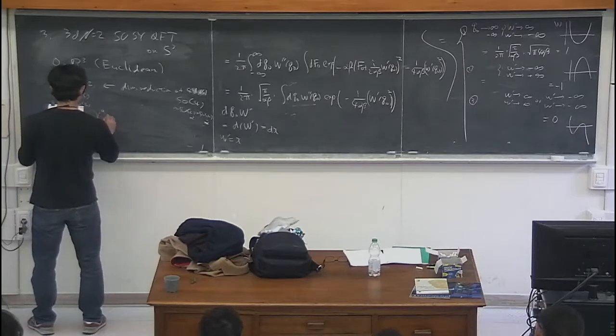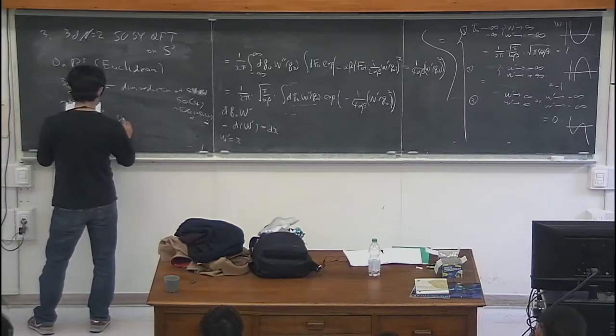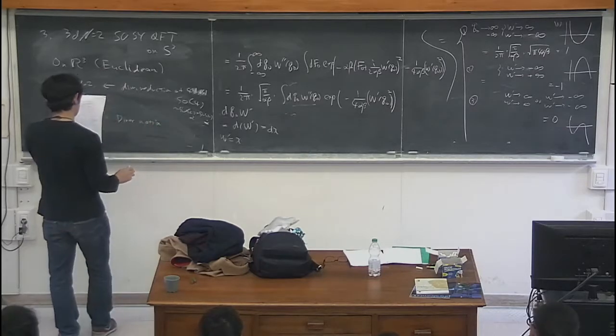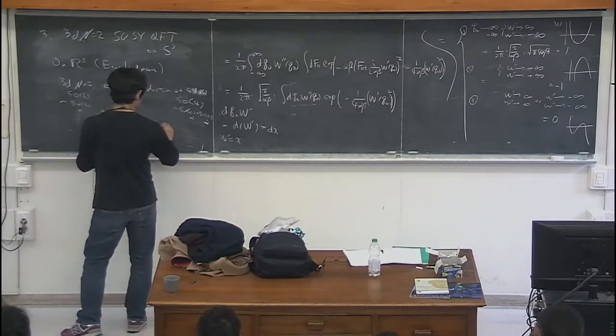And gamma^A is a Dirac matrix. We take this as a Pauli matrix.